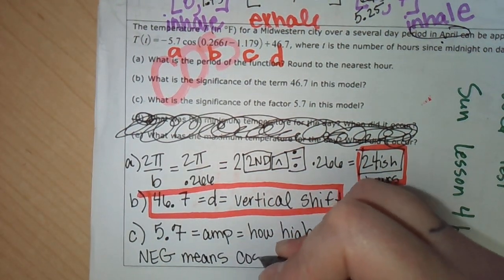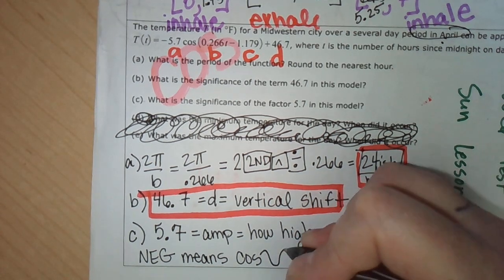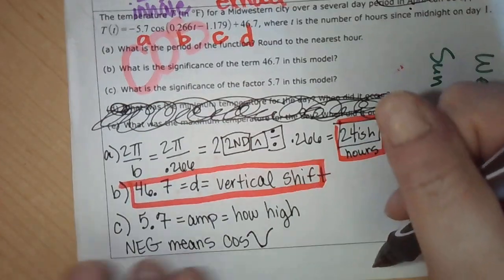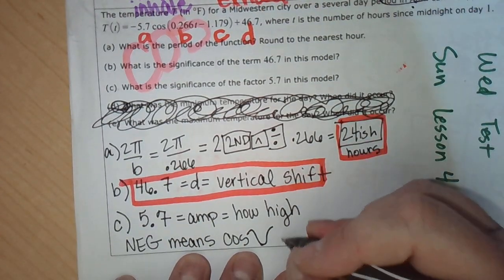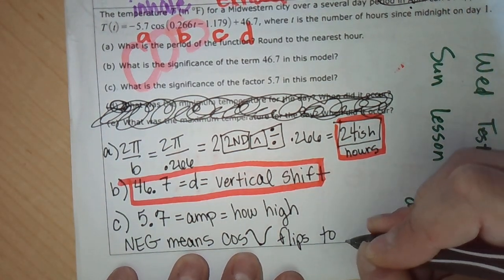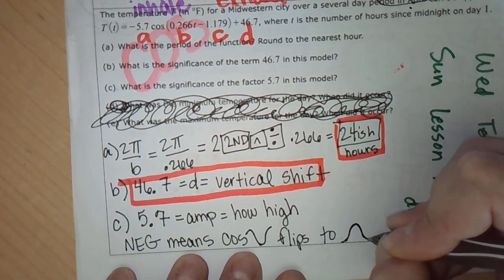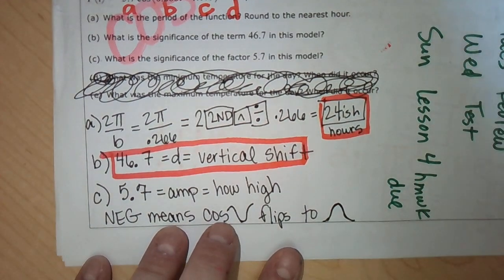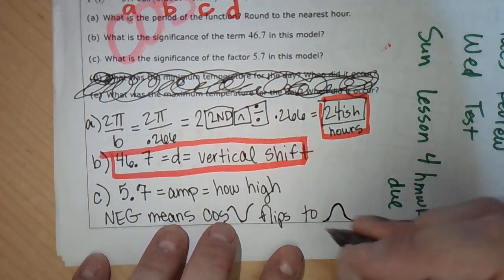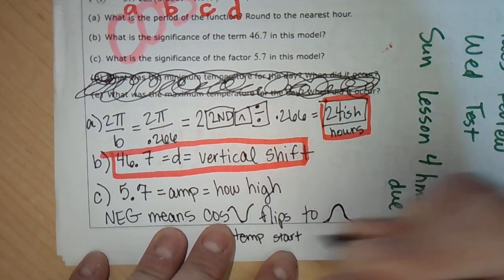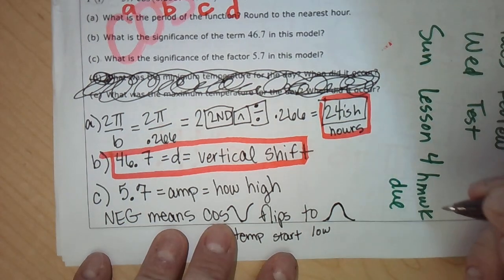Cosine usually looks like a parabola. Okay? But the negative means the cosine flips. What that means is that my temperatures start low, and that makes sense.